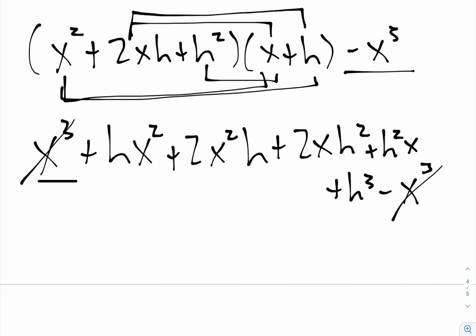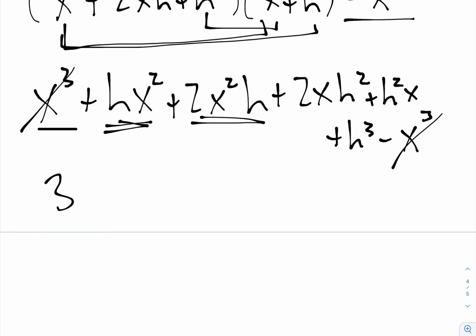Now we're going to have h squared plus 2x squared h. So what combines here? Well, this is h times x squared. This is 2h times x squared. So we're going to have 3h times x squared. Okay, and then we're going to have 2x times h squared, and then plus 1x times h squared.